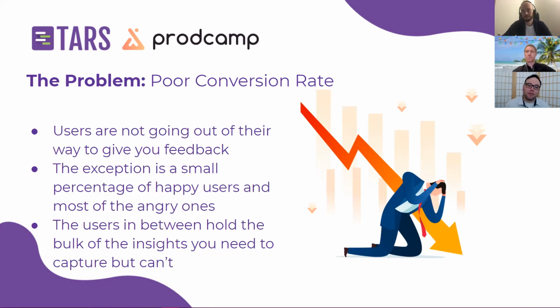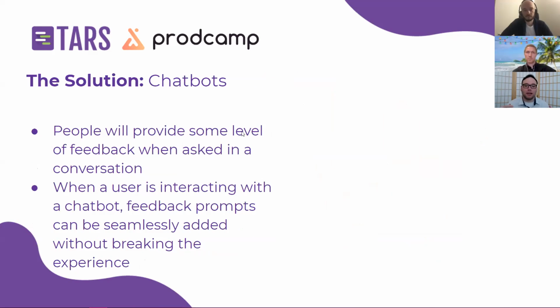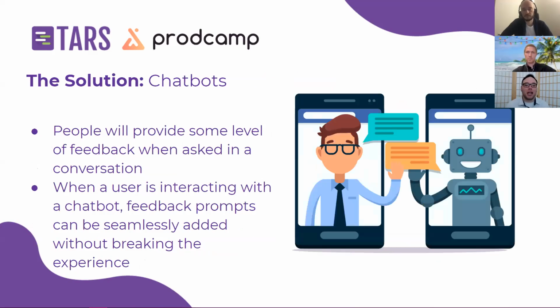The 80% of users that are in between hold the actual bulk of actionable insights, and the key is to reach them. So really what we're talking about when we're talking about poor conversion rate is that we don't have enough channels, and we haven't made it easy enough for the user to actually give that feedback. And really the solution to this in a big chunk of it is chatbots.